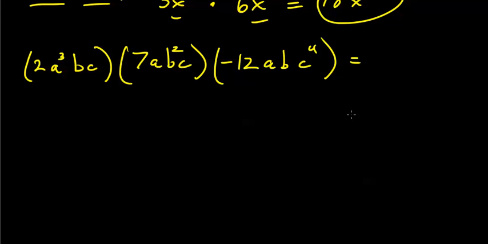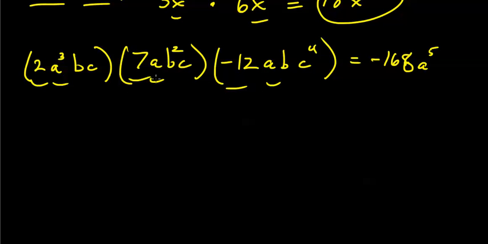In particular here, what I will do is multiply the coefficients first and get a result. 2 times 7 times minus 12 is going to be minus 168. If I look then at my powers of a, I'll have an a cubed times an a times an a. That'll give me a to the 5th power, 5 factors of a in my result.